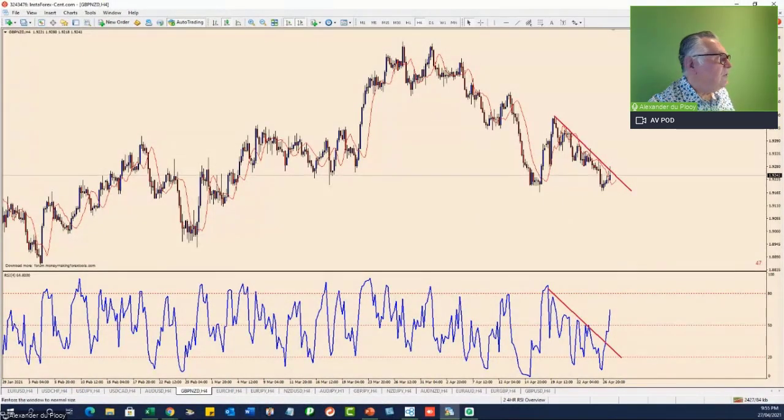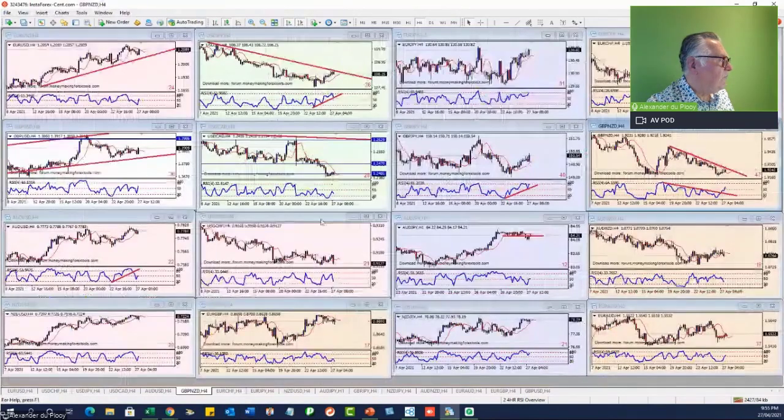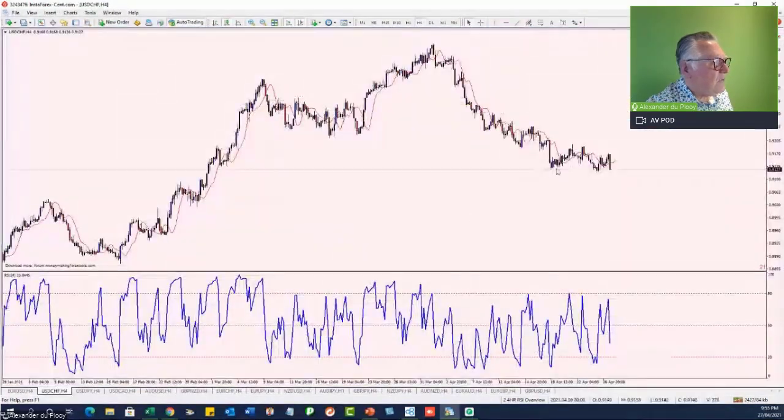Let's have a look. A few currencies, you can see, are at a point of starting to make new lows. So we've got to watch those ones. Those can actually run considerably if they start making new lows.